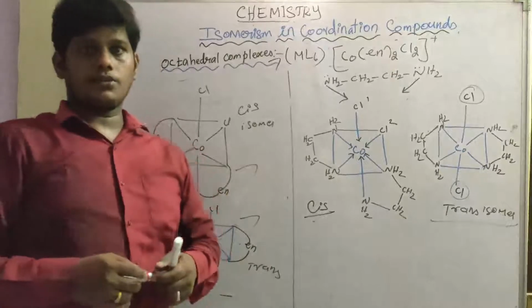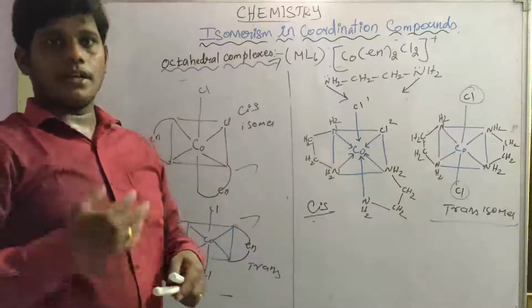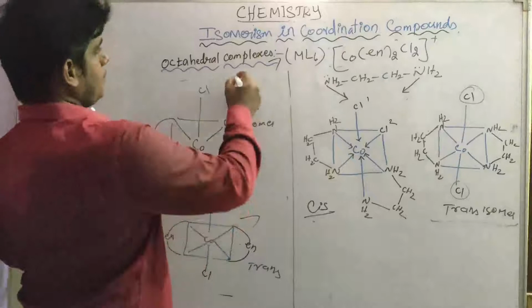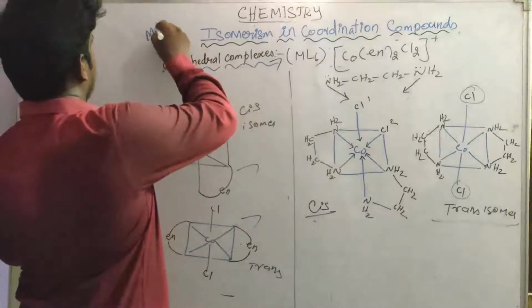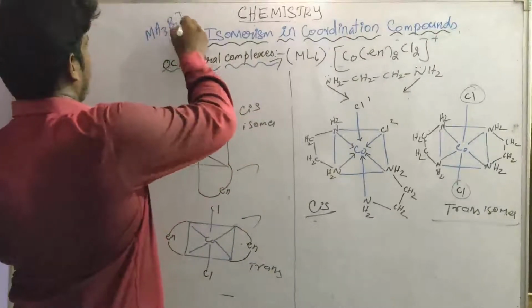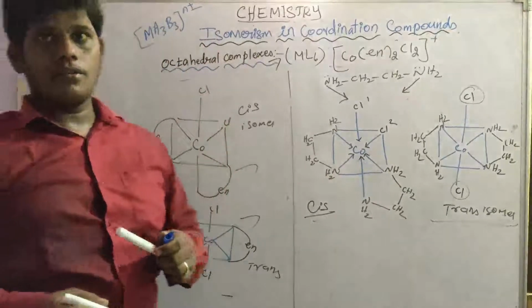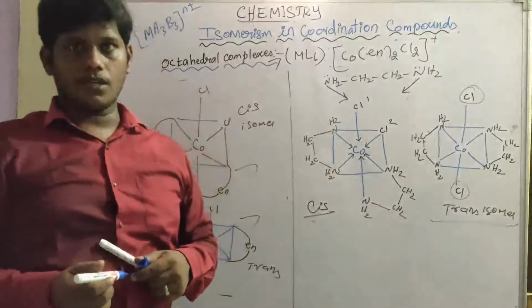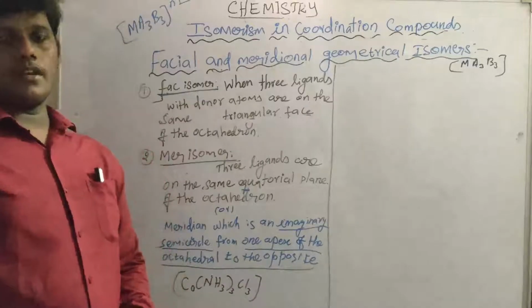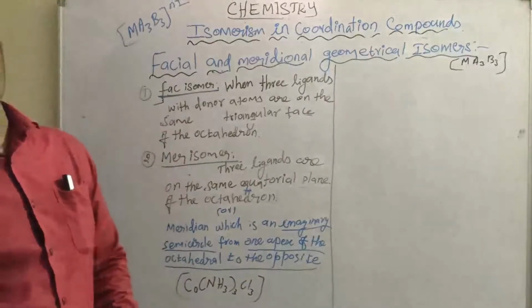Okay. Next we discuss another isomerism. For example, Ma3B3 type, also written as fac or mer, is facial meridional geometrical isomerism.